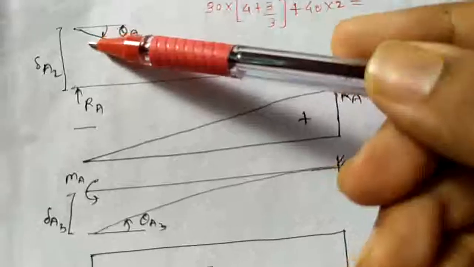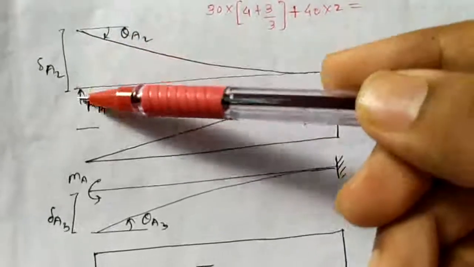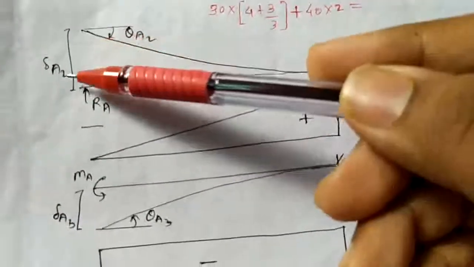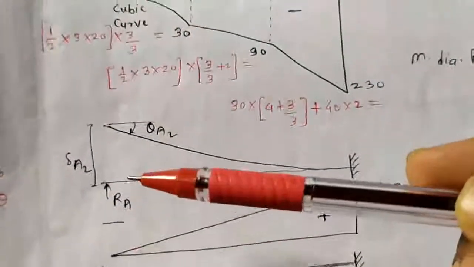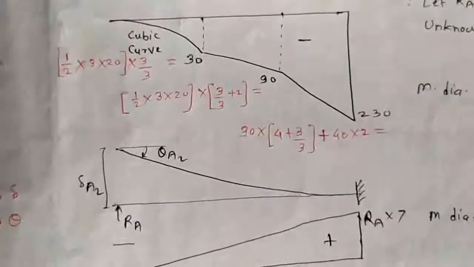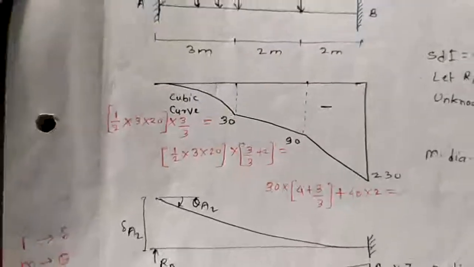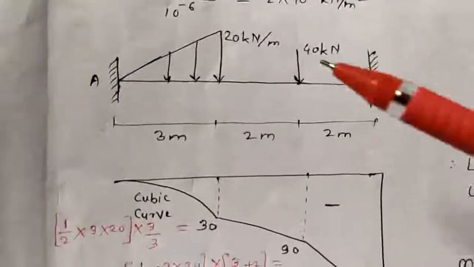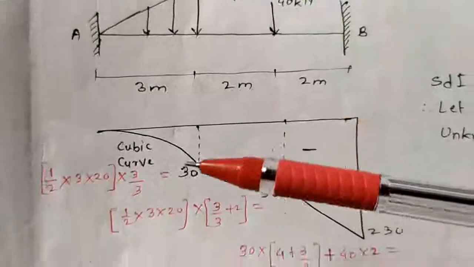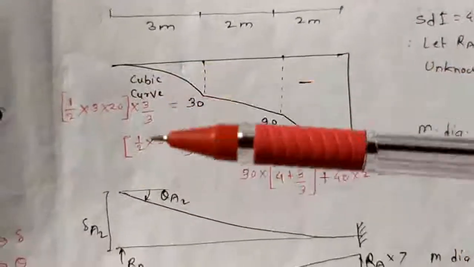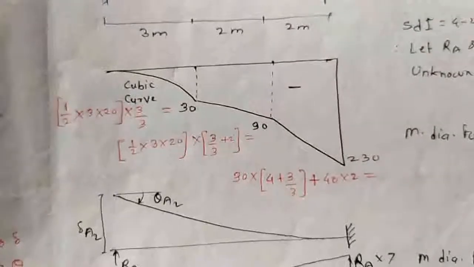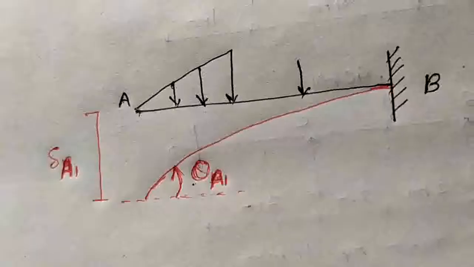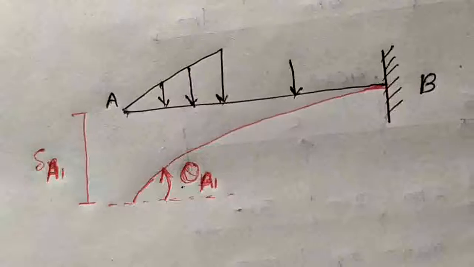So here delta is upward, that's why delta A2 will be positive, delta A3 will be negative. And of course, because the loading is applied in a downward direction, the displacement will be in the downward direction. That's why delta for this loading will also be negative. Delta A1 will be negative.